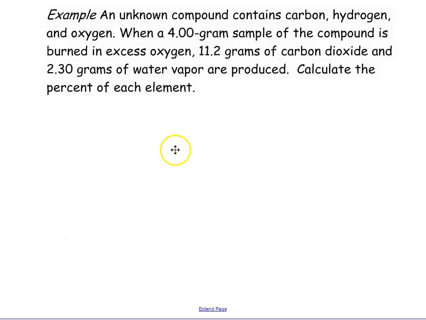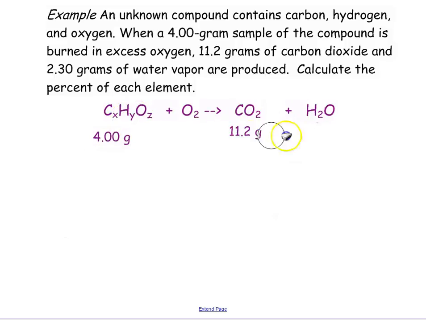Now let's take a look at a second problem. In this problem, we have 4 grams of the hydrocarbon, but now it also contains oxygen. We'll write down what we know, but here we have to be careful. I know the amount of carbon in CO2 is the amount of carbon in my original compound.